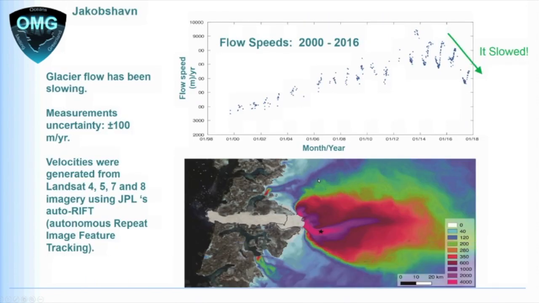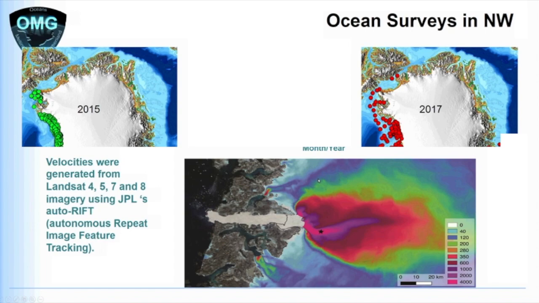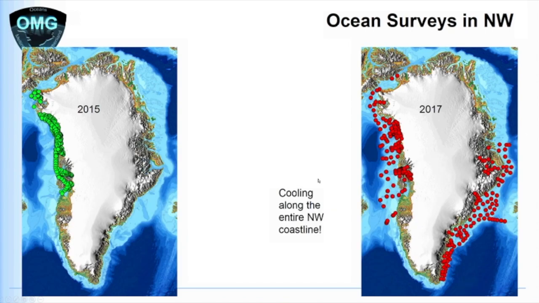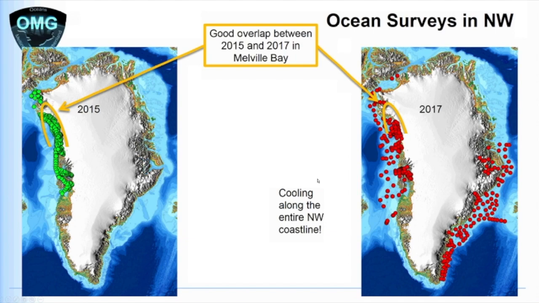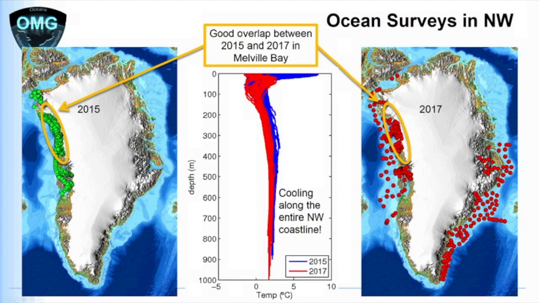I think I'll skip over the rest of this and conclude here. This is just a little bit of a preview suggesting that this ocean signal is actually more widespread than just in Disco Bay.